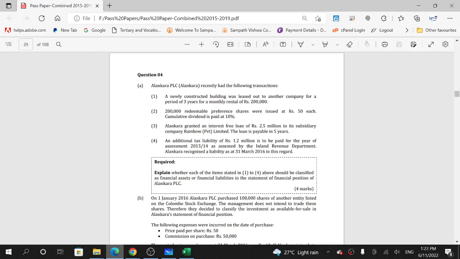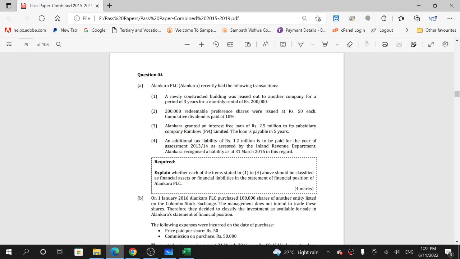There is an obligation to deliver cash because we have issued these redeemable preference shares, and at a particular time we need to pay it back. You have to use the word contractual obligation because there should be a contract. Therefore, this must be classified as a financial liability. That is the second one.